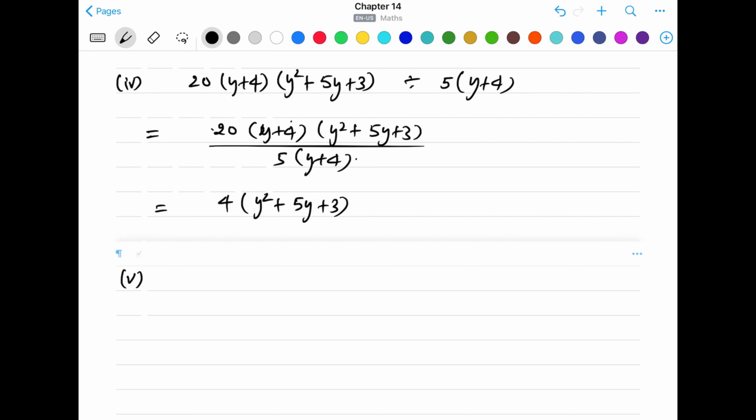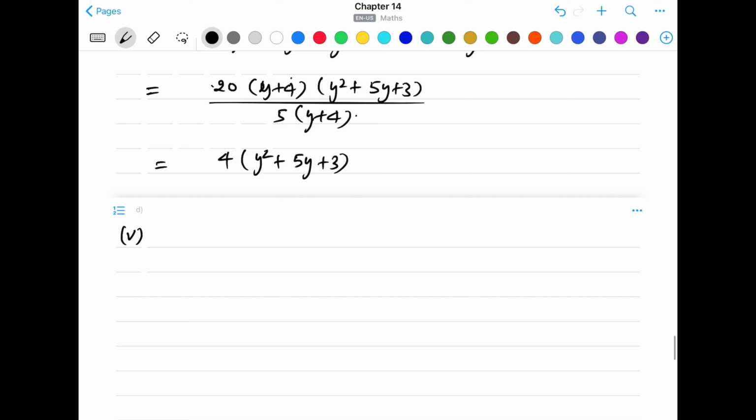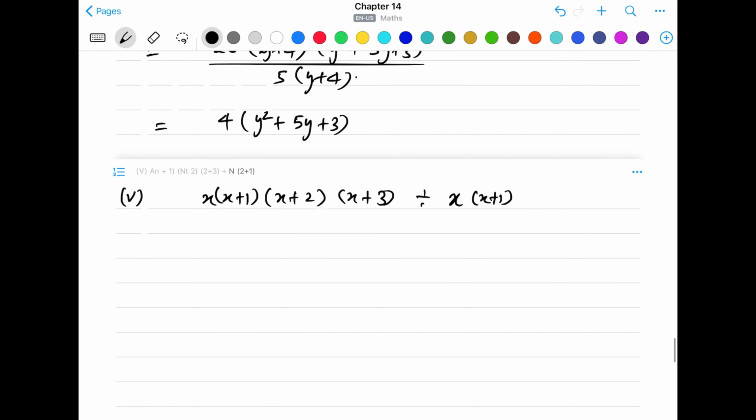Now moving to the next one, we have part 5 of question number 4, which is x into x plus 1 into x plus 2 into x plus 3, which is to be divided by x into x plus 1. Okay, so let's write the division form.